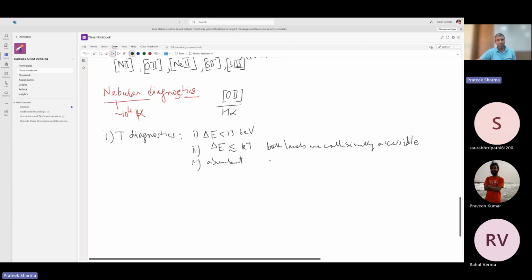And they should be collisionally excited, right? So this is actually related to what we were just talking about, this thermal balance in H2 regions, right? If they are collisionally excited and then they get radiatively de-excited, then you have this line produced nicely. Okay.